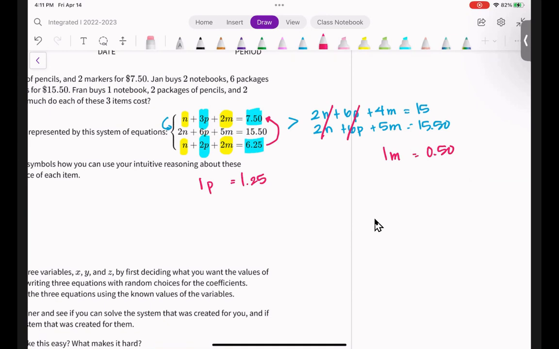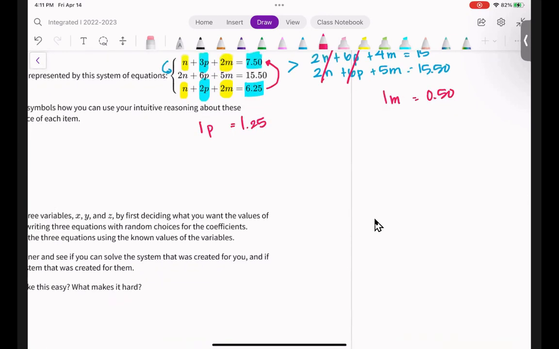And so I'm going to use that last equation to plug all this into. So n plus 2p plus 2m equals 6.25. So p is $1.25 and m is 50 cents.